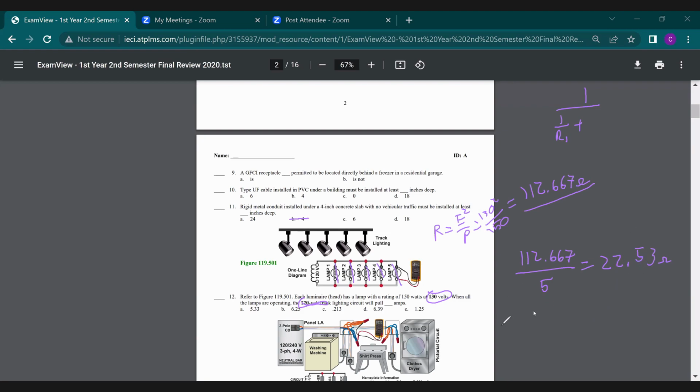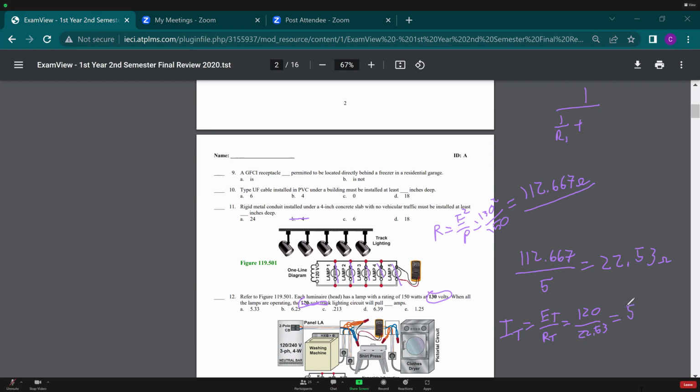Now that we have our total resistance and I'm looking for amps, I know that I total equals E total divided by R total. So my E total, 120 volts, divided by my R total, 22.53 ohms, equals, I got 5.326. Everybody agree? 5.33, nice.